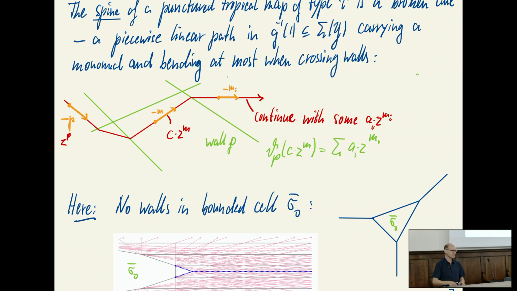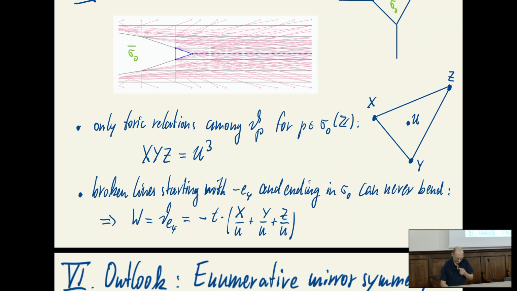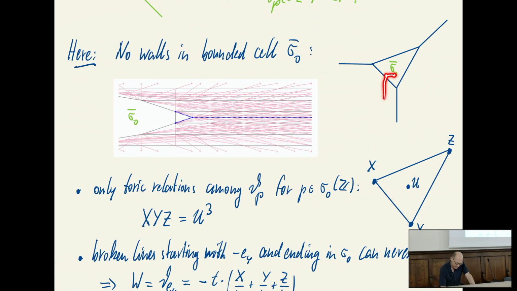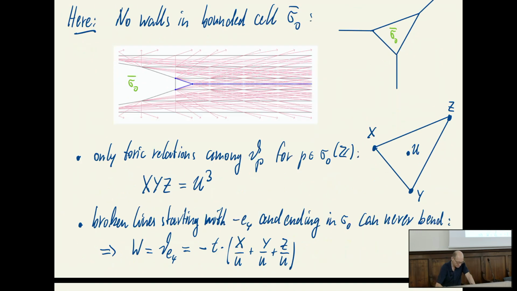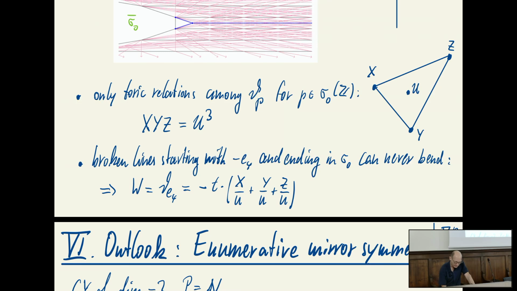You will never hit the bounded wall, and you will never go into this bounded chamber. So any of the broken lines that end up in the central chamber are straight. Not quite true. They could bend a little bit, but essentially very close to this one, they are all straight.